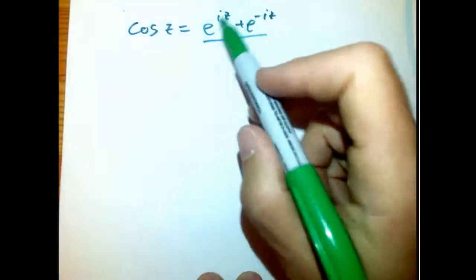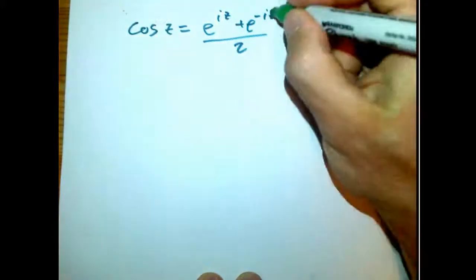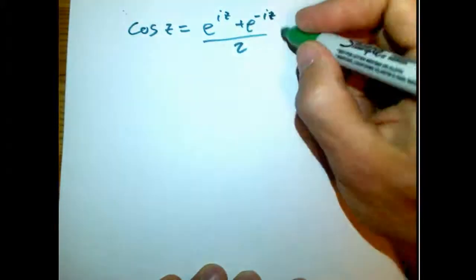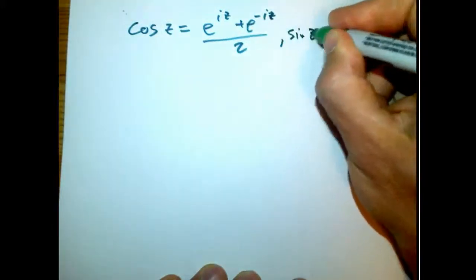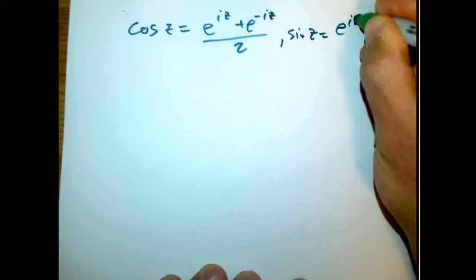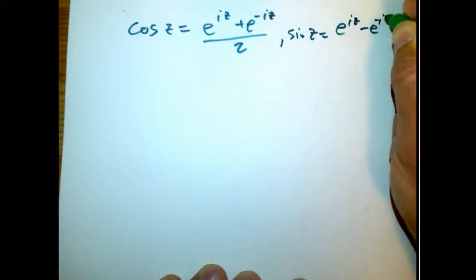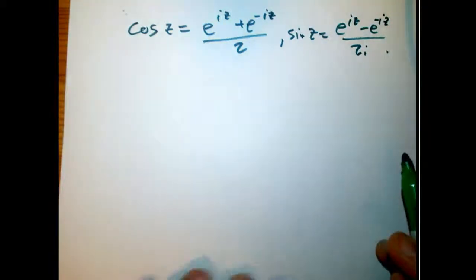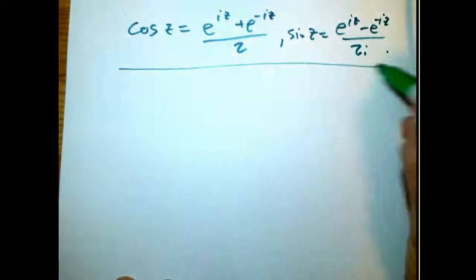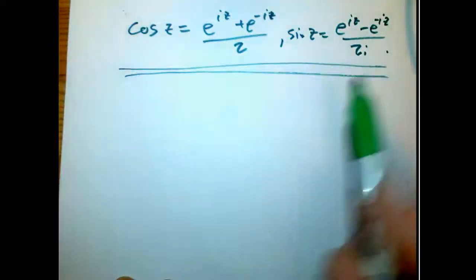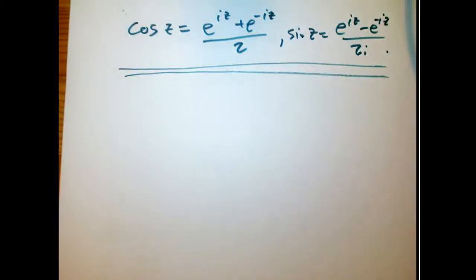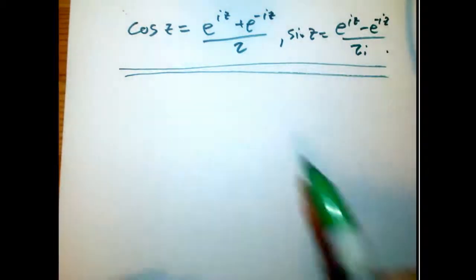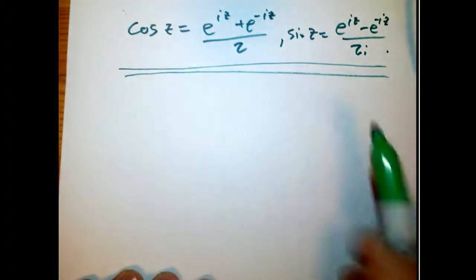Now, these are no longer just e to the it anymore, so they're going to be more complicated. And sine z is e to the iz minus e to the minus iz over 2i. Just exactly the same formula, let's just put a z in. That's pretty wild. Not only is this a way to define the ordinary cosine and sine in a very cool, clever way, you can define cosine and sine of a complex number.